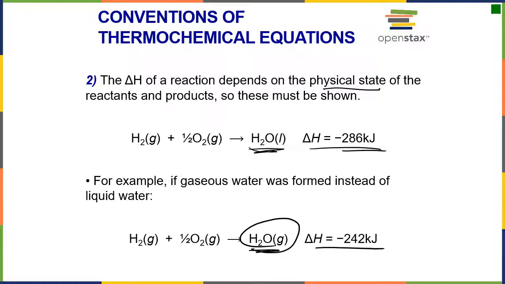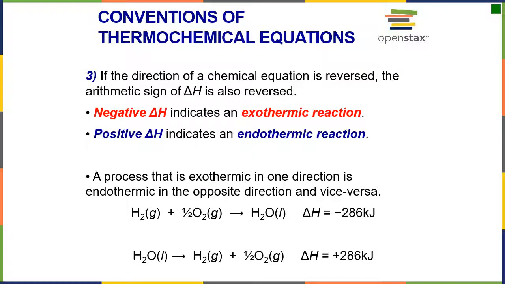The states involved affect the amount of heat required to do the reaction, or in this case, produced when the reaction is done. If the reaction has a negative delta H, it's exo. Positive delta H is endo. If it's exo in one direction, it is endo in the reverse.